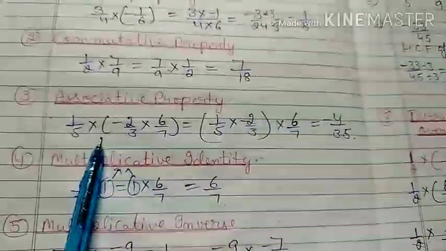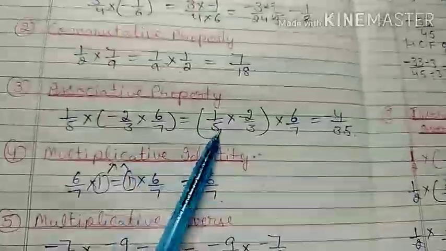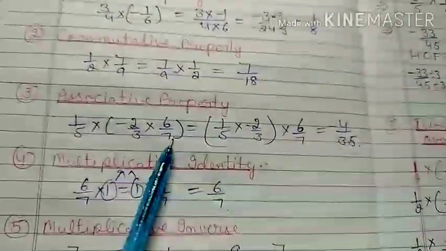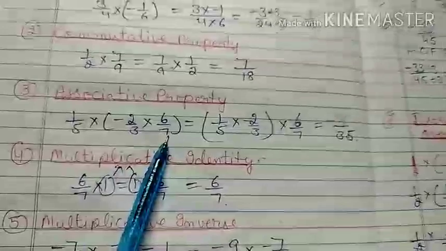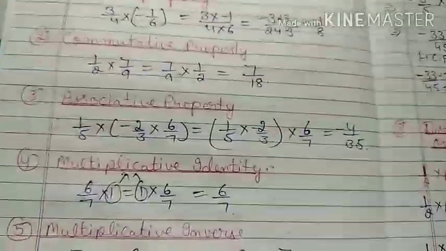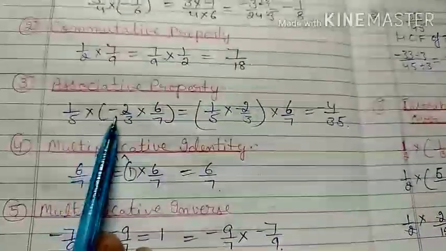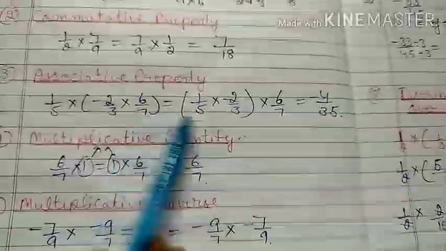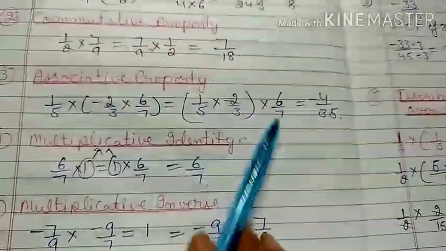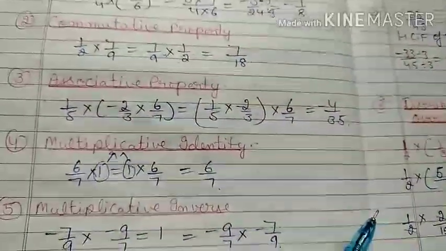Here if I have 3 rational numbers like 1 by 5, minus 2 by 3 and 6 by 7, and if I multiply the first two rational numbers first and the third rational number at last, or either I multiply the last rational numbers first and the first rational number at last, my answer will be same. Here, 1 by 5 into minus 2 by 3 and later 6 by 7, my answer will be in both the cases minus 4 by 35.